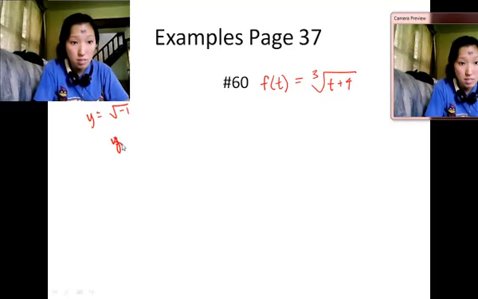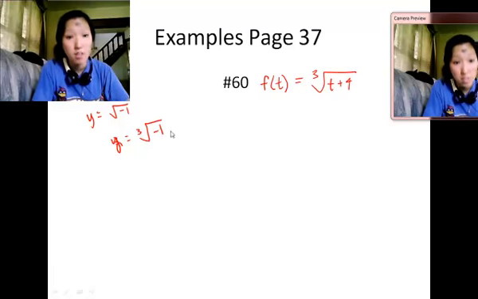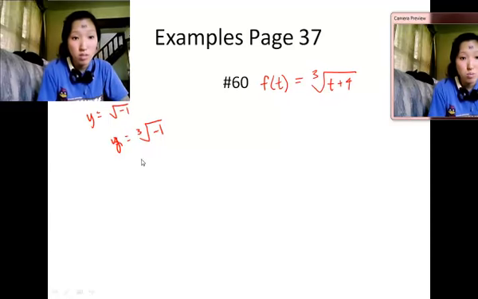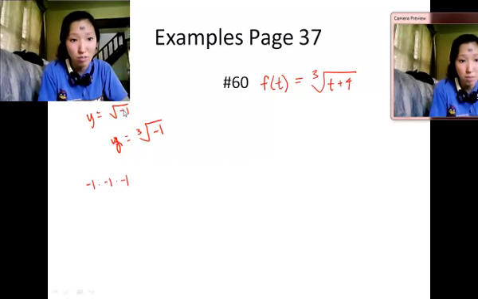But if you had something like this, y is equal to the cube root of -1, this does work. It's asking you what times what times what is equal to -1. Well, -1 times -1 times -1 is equal to -1. The square root is saying what times itself is equal to -1. There's nothing you can do to get -1, right?